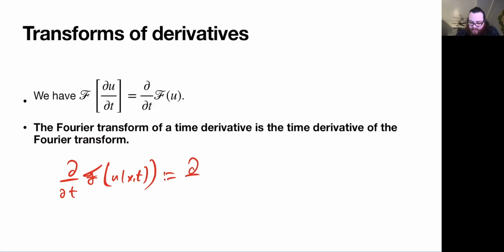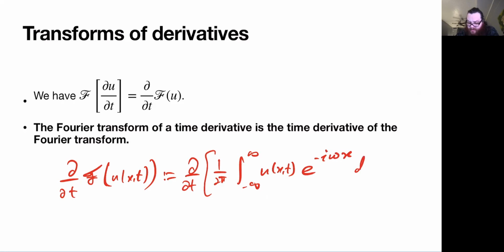So this is going to be the time derivative of 1 over 2 pi, the integral from minus infinity to infinity of u of x comma t. Again, we're just taking the Fourier transform in x, and then integrating out x. If we go back and look at this expression, 1 over 2 pi is a constant, and the derivative doesn't care.